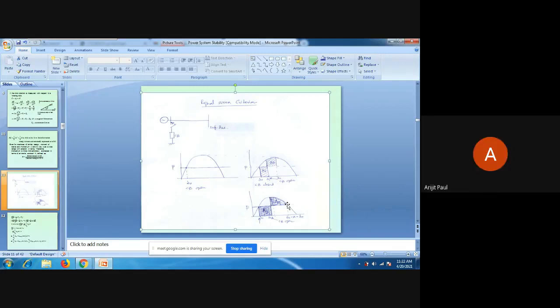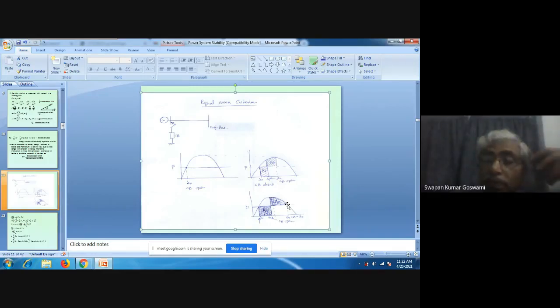Yes, sir. So again, here also A3 and A4 will be same. Why will A3 and A4 be same? Because A3 represents the energy inserted into the generator, and A4 represents the energy extracted from the generator. At this angle, speed is synchronous. At this angle also, speed is synchronous.